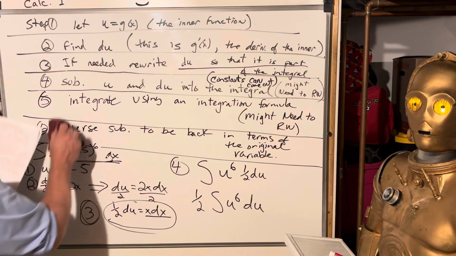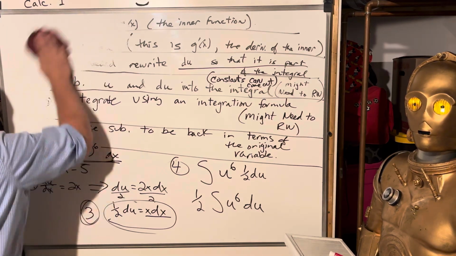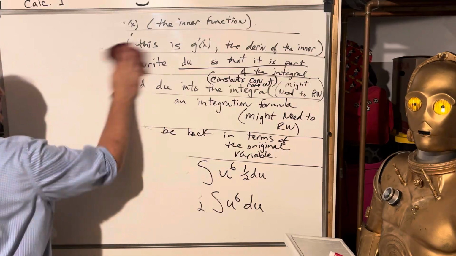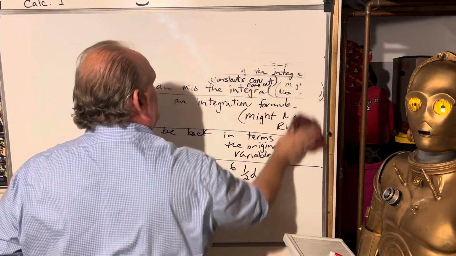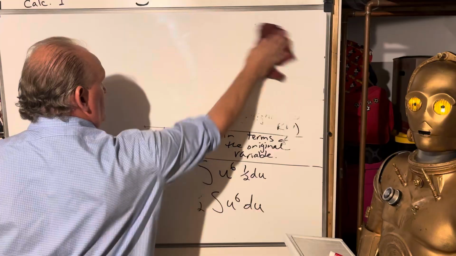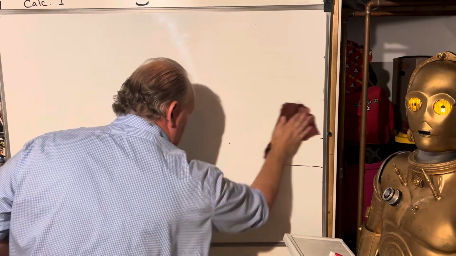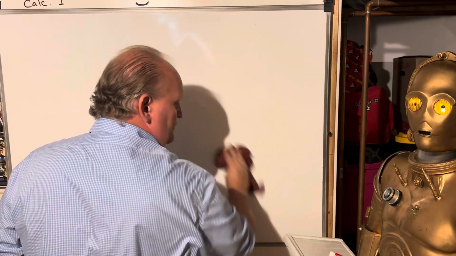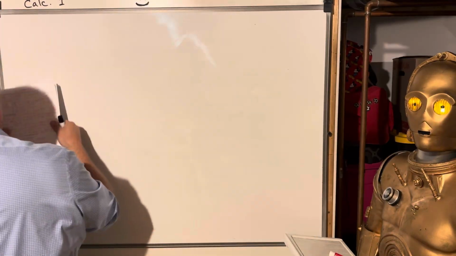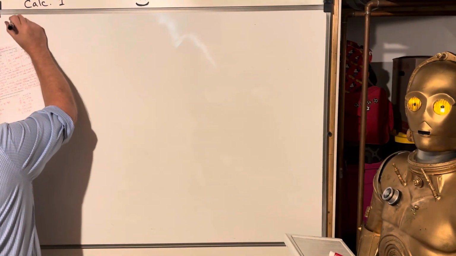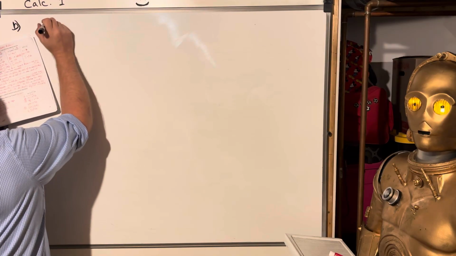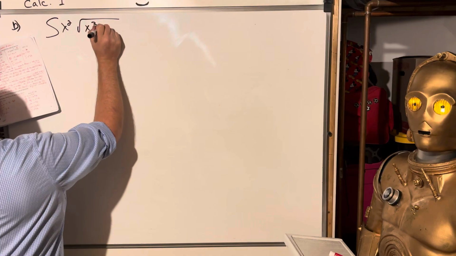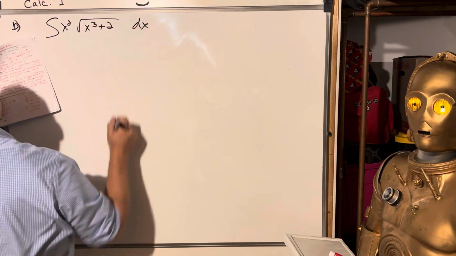All right, so let's look at the second example of this. And again, this will make a little more sense as we push through the notes and you see what's going on. So part B on the bottom of page 25 here, x squared times the square root of x cubed plus 2 dx.